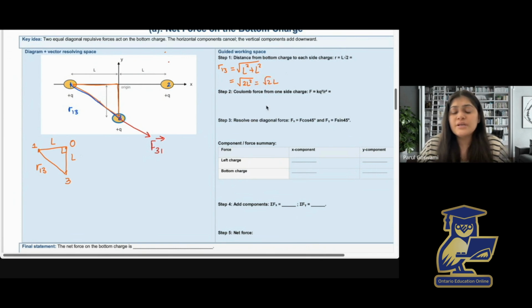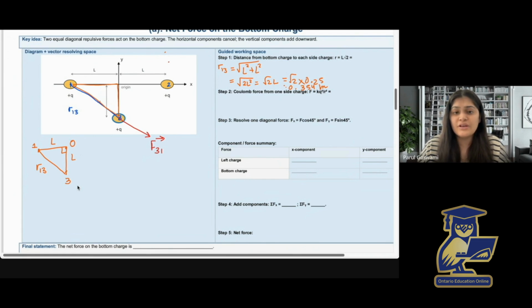Now on substituting L with the numerical value given in the question, we can easily determine R13. This is going to be square root of 2 times 0.25, and if you solve using the calculator, the value is 0.354 meters.